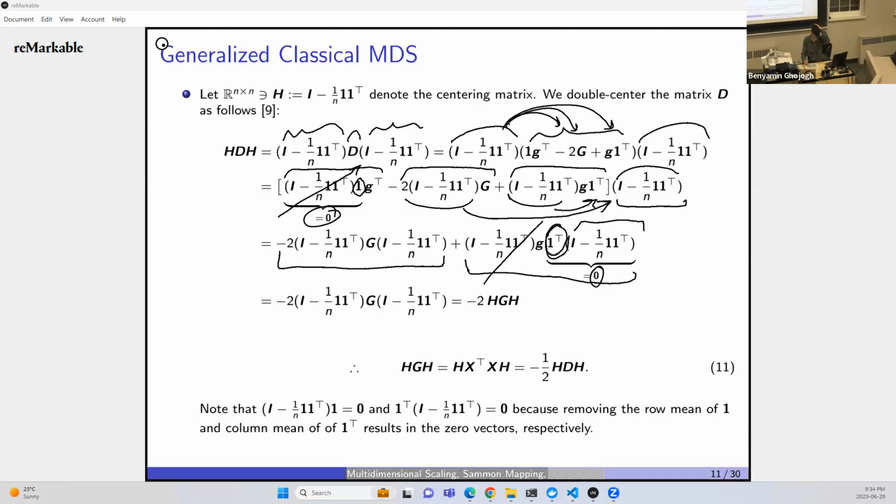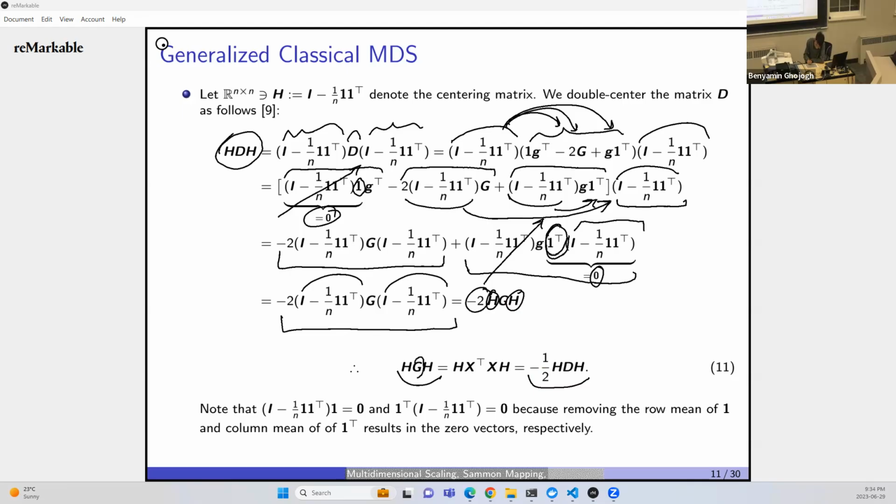So this term also goes away. I only have this, and this is the centering matrix. I replace it with H. Also here, this is H. So this became minus 2 HGH. Therefore, we started with HDH, and it became minus 2 HGH. So HGH, I can write it as minus half HDH.